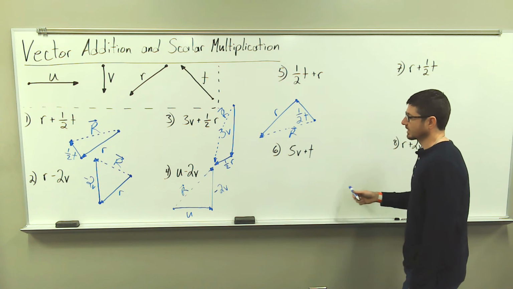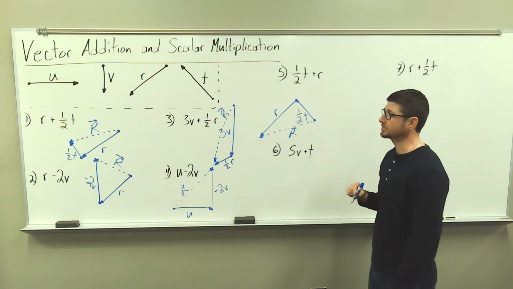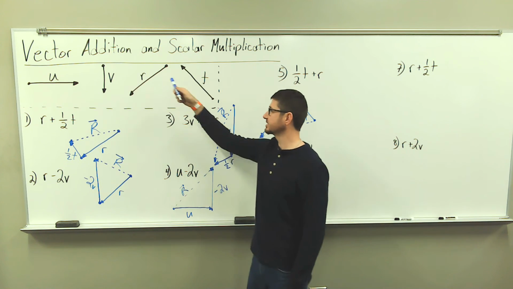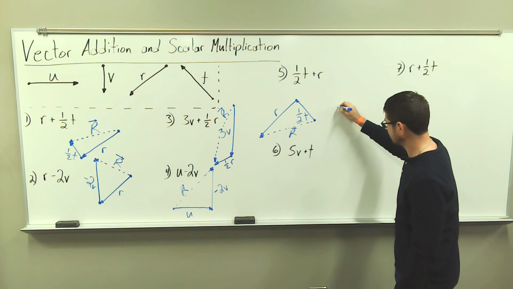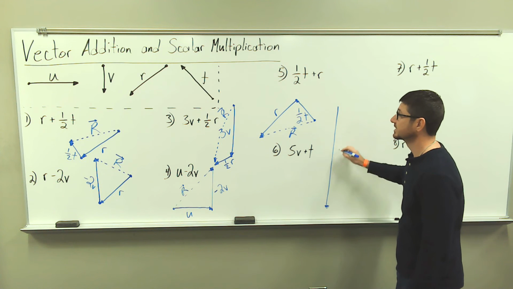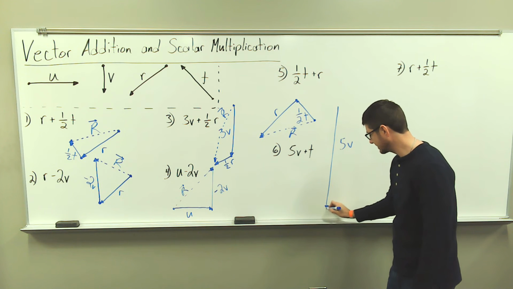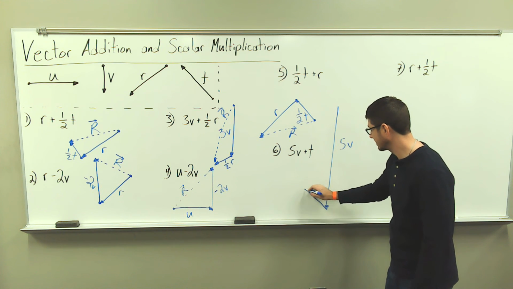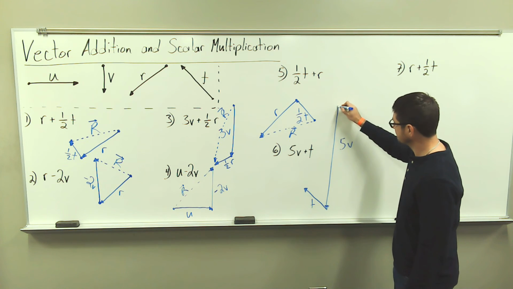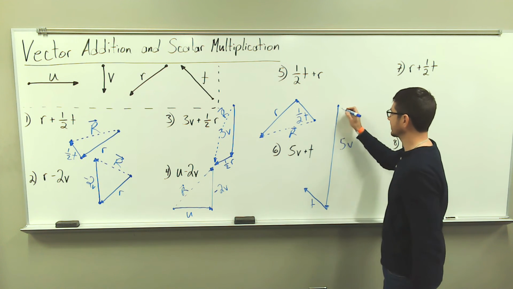Number 6, we have 5v plus t, so 5 times the magnitude of v. So right here we have v pointing in the negative y direction, so 5 times that. So we have 5v and then t. Let's draw our resultant from the tail of the first vector to the head of the last vector.